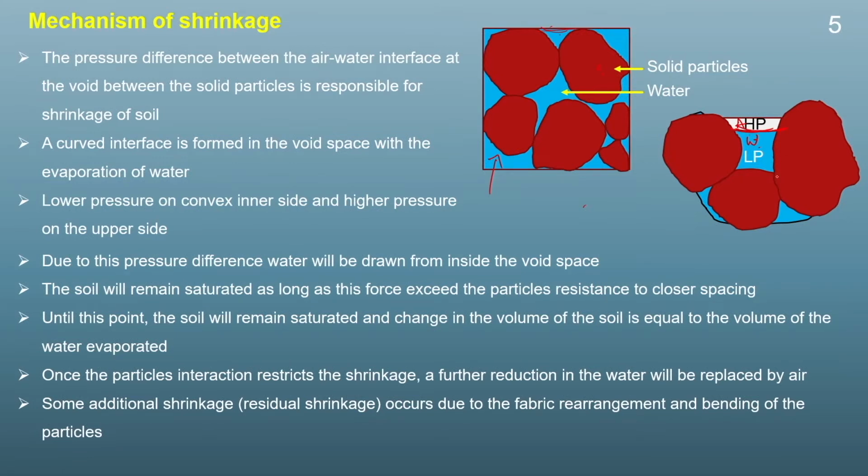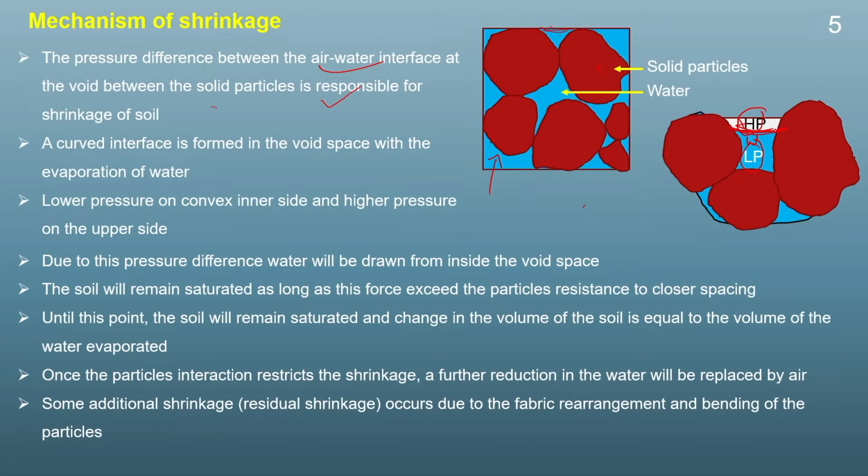As the water evaporates from the surface, a curved interface is formed in the voids at the surface, with a lower pressure on the convex inner side and a higher pressure on the upper side. So, due to this pressure difference between air and water interface at the void between the solid particles, the water will be drawn out from the soil sample and that will create the shrinkage phenomenon of the soil.